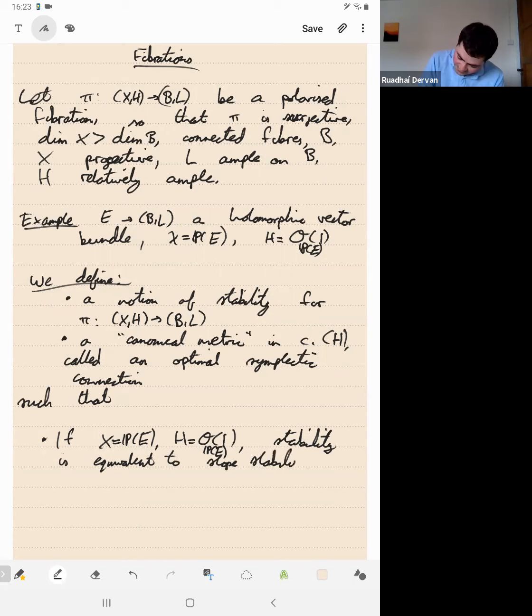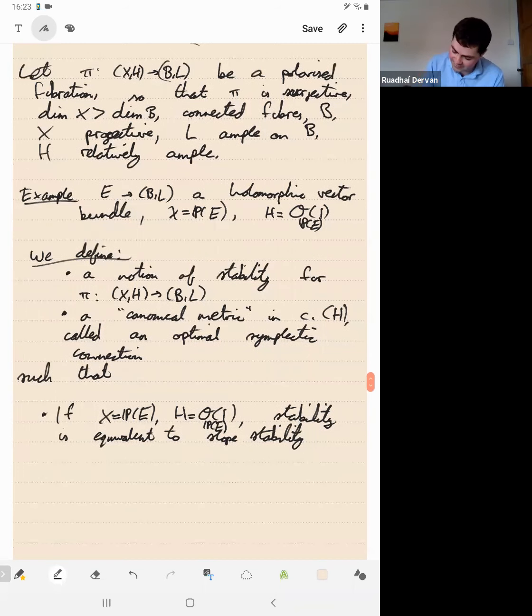So this is a notion going back to probably the 60s or 70s for bundles over Riemann surfaces, and then particularly heavily studied in the 1980s through work of Donaldson, Uhlenbeck, Yau, and, for example, on the algebro-geometric side through work of Simpson. So first of all, stability is equivalent to slope stability of E. And this optimal symplectic connection condition is really just the Hermite-Einstein condition in this case.